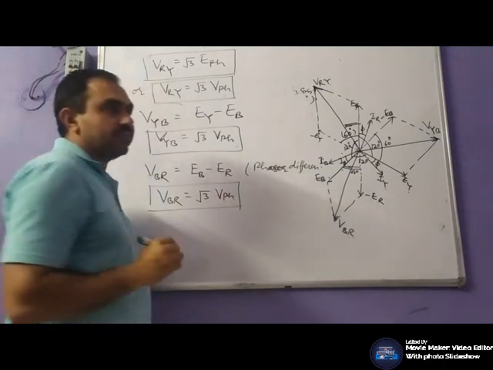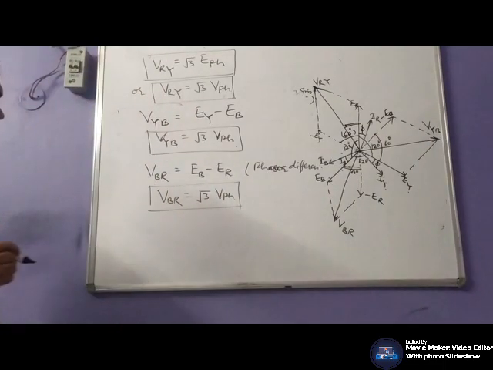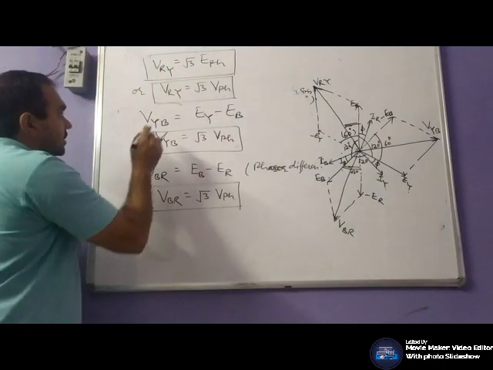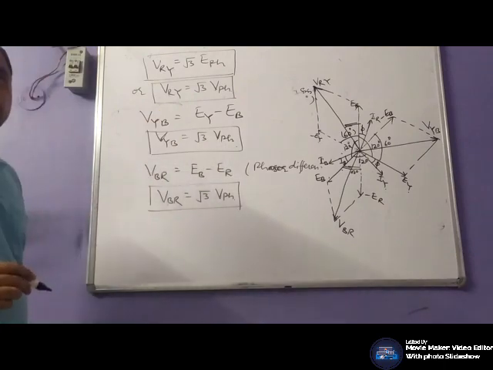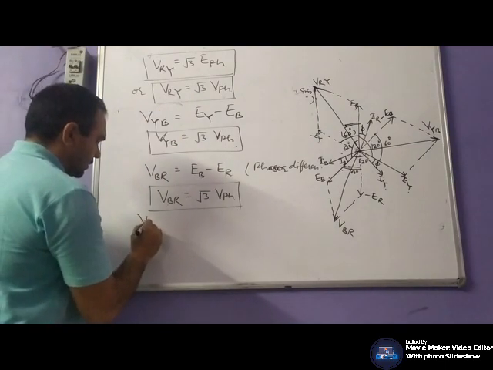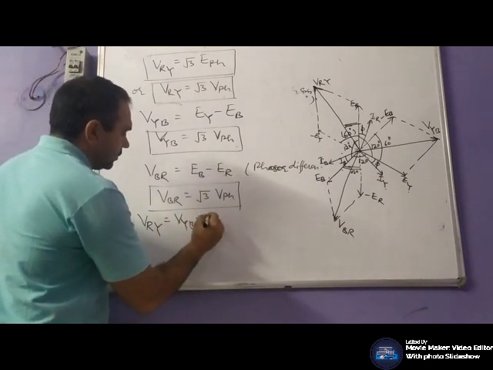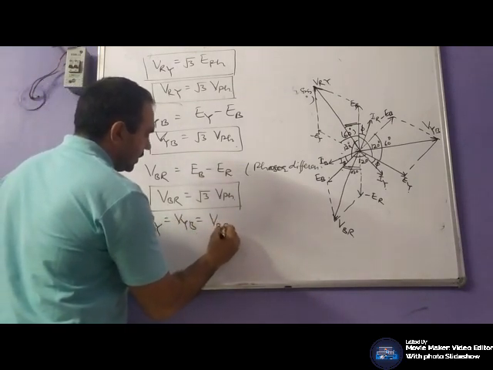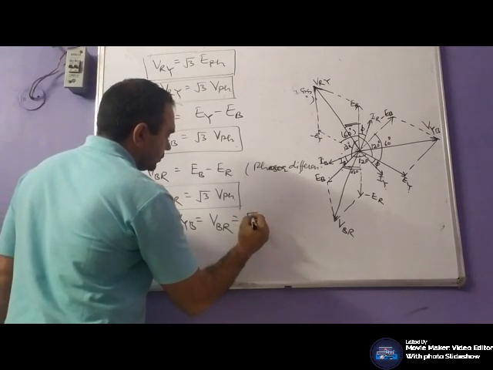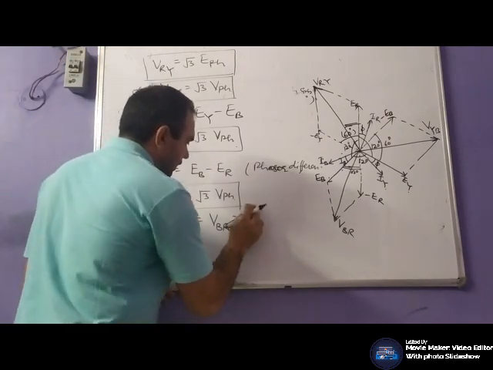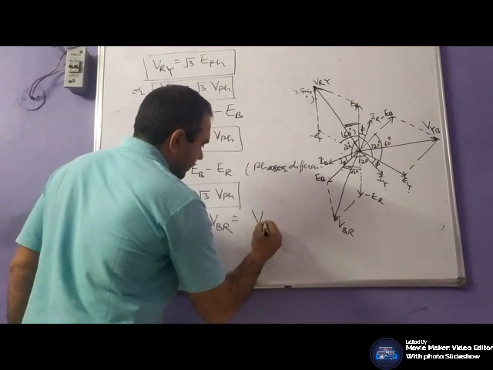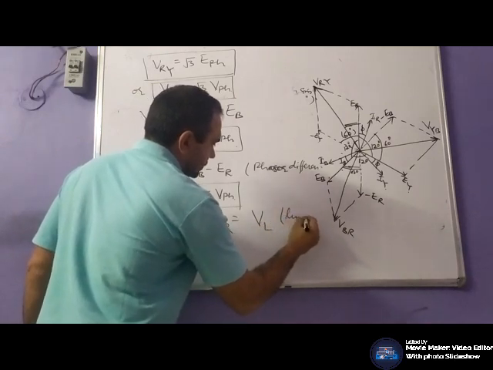As their phase voltages were equal, we have observed that their line voltages are also equal. VRY is equal to VYB is equal to VBR, which may be termed VL, the line voltage.